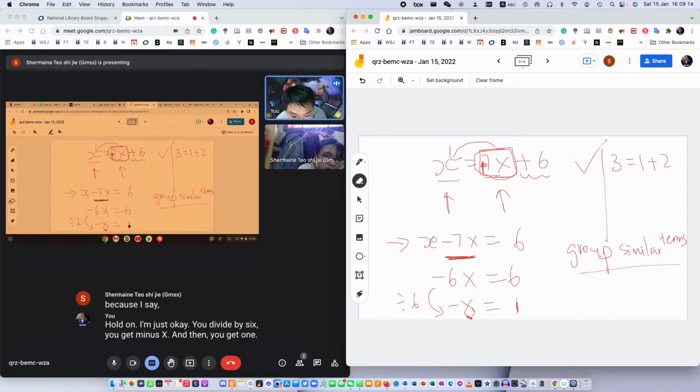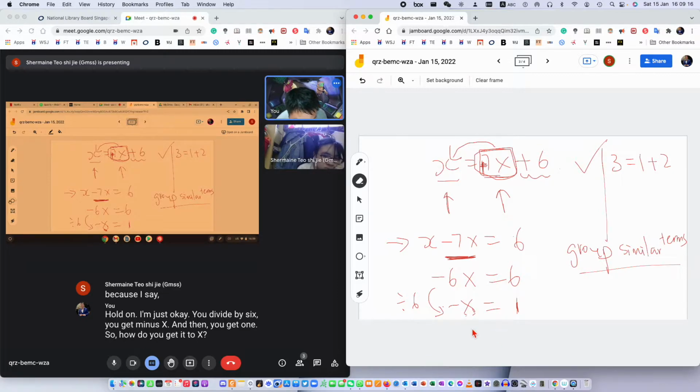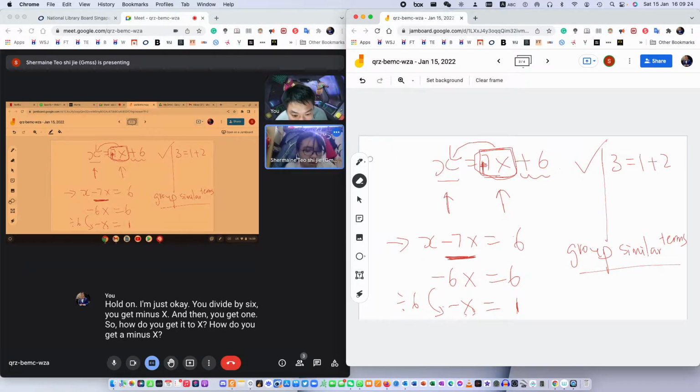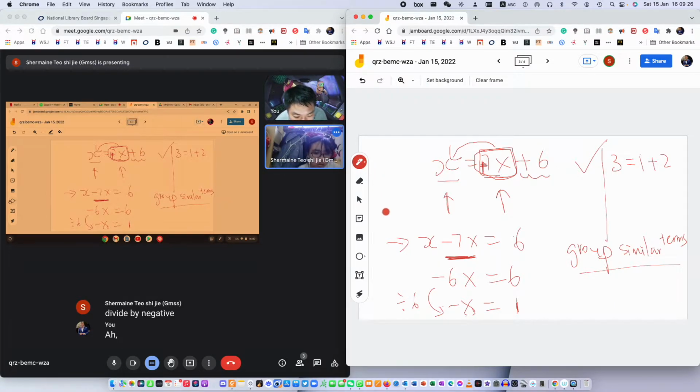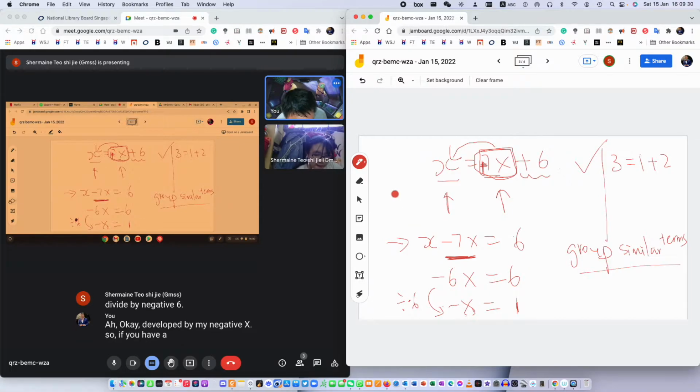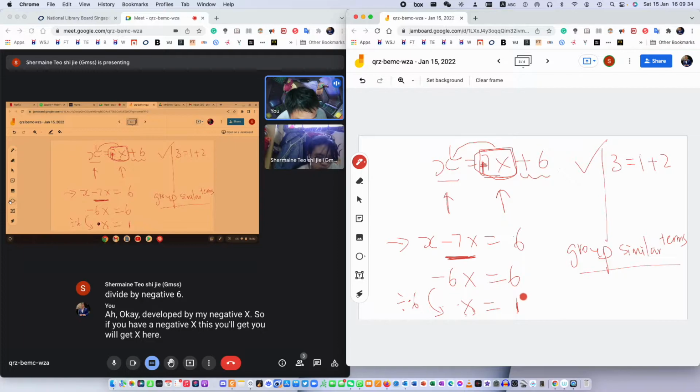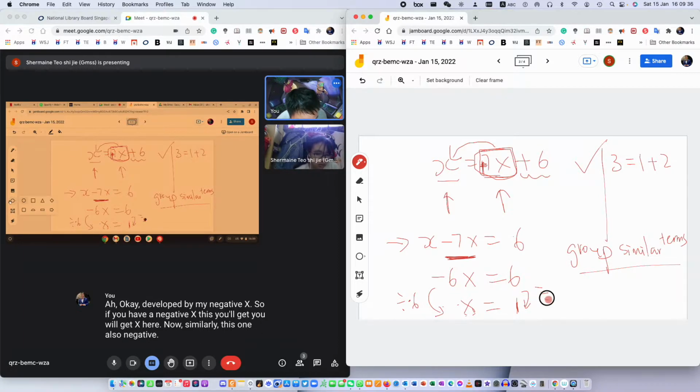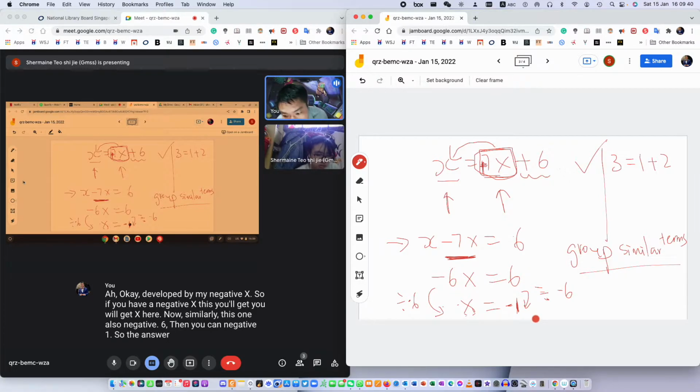So how do you get minus x to x? Divide by negative 6. Okay. Divide by negative x. So if you divide by negative x, you will get x here. Then similarly, this one also negative 6. Then you get negative 1. So the answer is x equals negative 1.